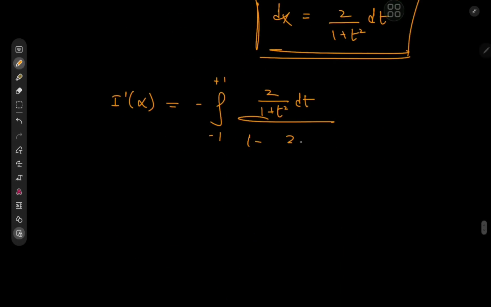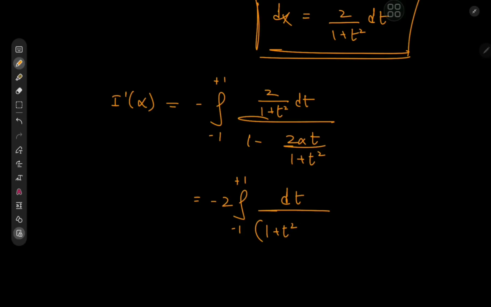So we have 1 minus 2 alpha t divided by 1 plus t squared. And we can expand upstairs and downstairs by 1 plus t squared, giving us negative integral negative to positive 1. We have a negative 2 out here rather. And we have dt divided by 1 plus t squared minus 2 alpha t, which looks pretty cool.